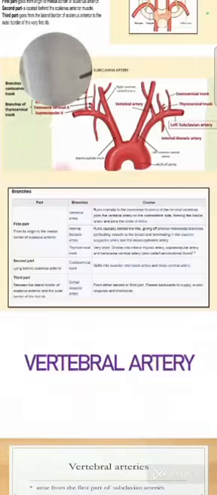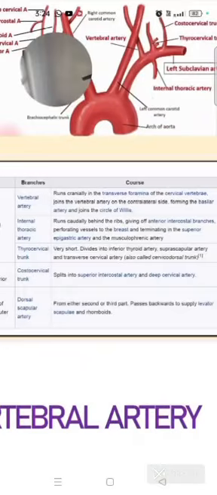Branches from the first part include three major branches: vertebral artery, internal thoracic artery, and the thyrocervical trunk.